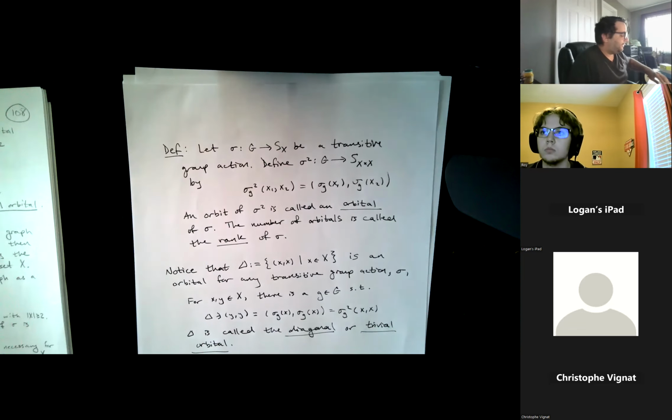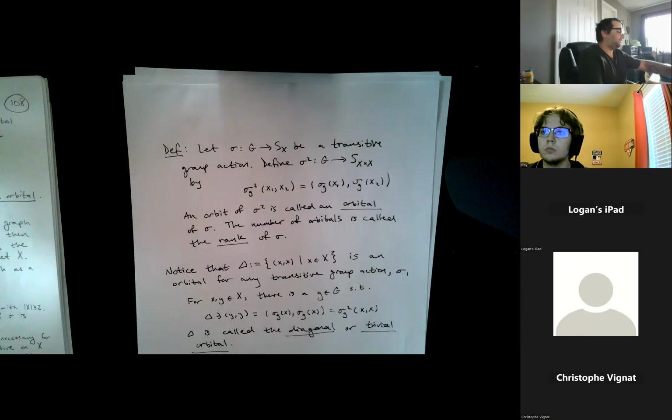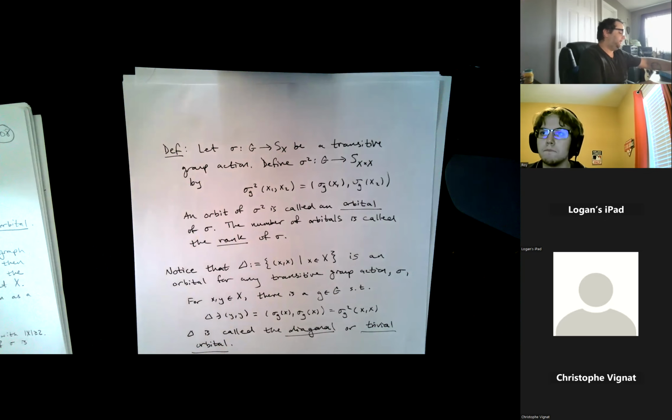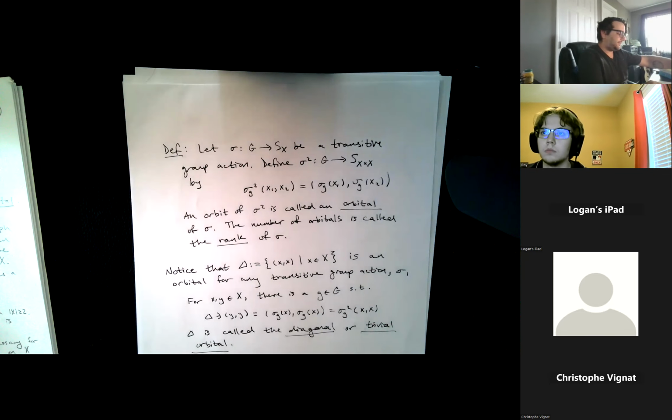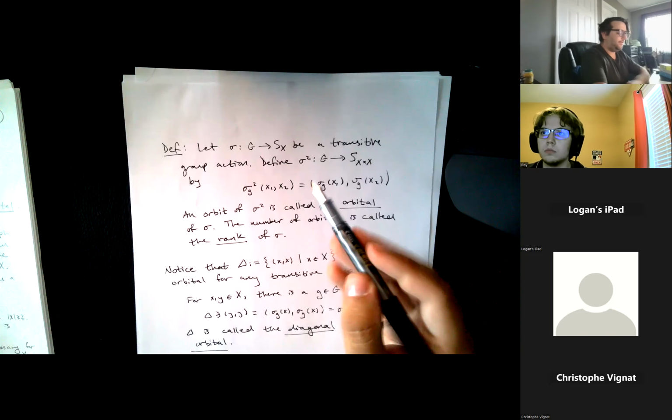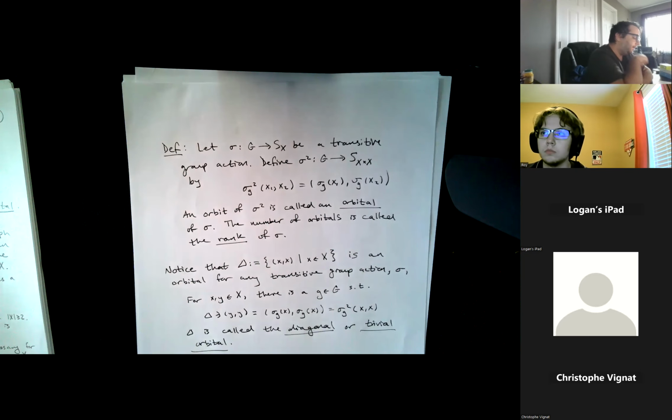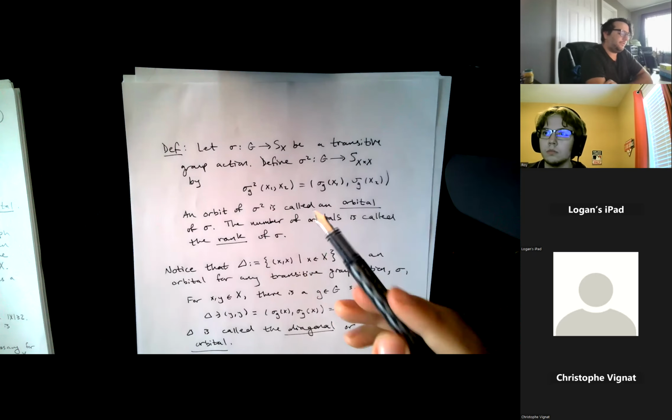So just as an aside, orbitals are pretty closely related to graph theory. If G acts transitively on X, which is going to be the assumption most of the time here, then any non-trivial orbital can be viewed as the edge set of a graph with vertex set X. Right? So the edge set is the set of all the edges, right?